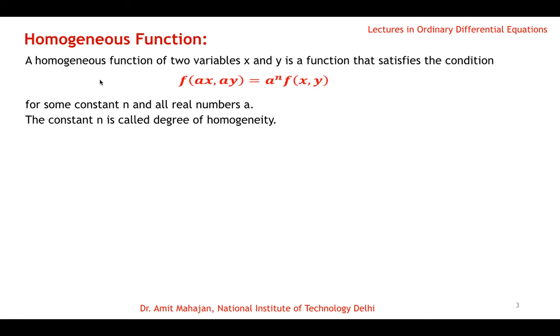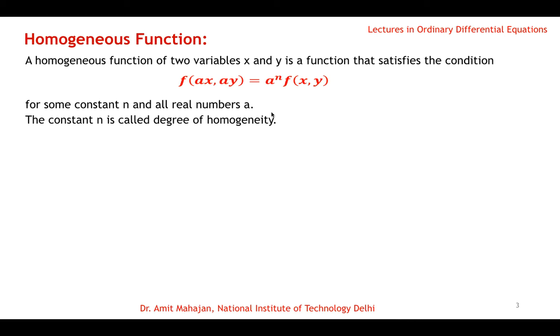Homogeneous function. A homogeneous function of two variables x and y is a function that satisfies the condition f(ax, ay) is equal to a^n f(x, y) for some constant n and all real numbers a. The constant n is called the degree of homogeneity.